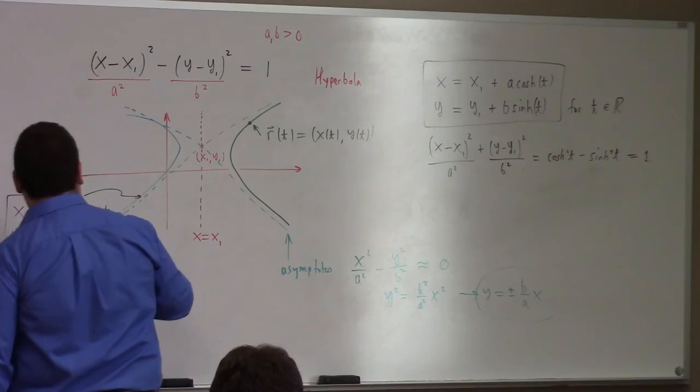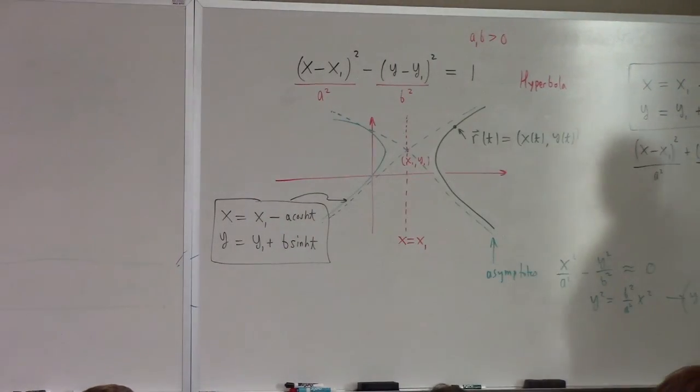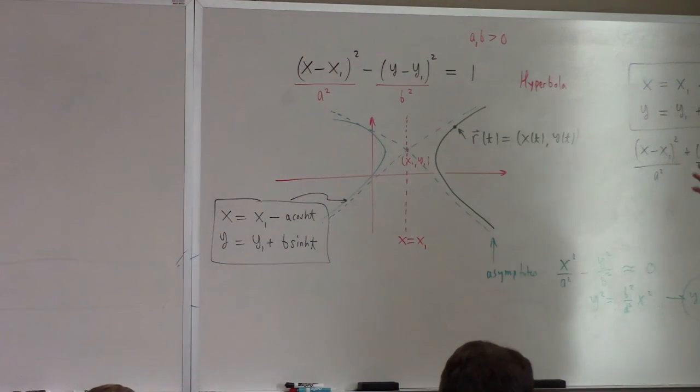So here you go. These are the parametric formulas for the left branch of the hyperbola. And for specific examples, we might have to complete the square before we could actually see how to write these formulas down, right?